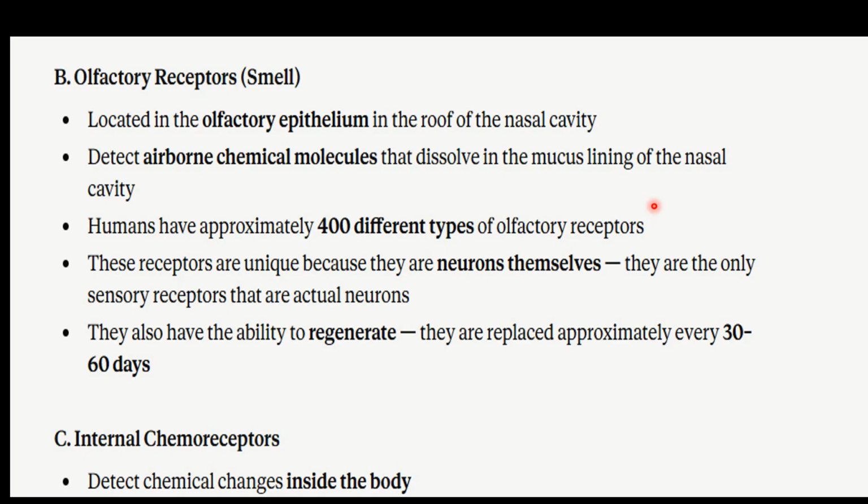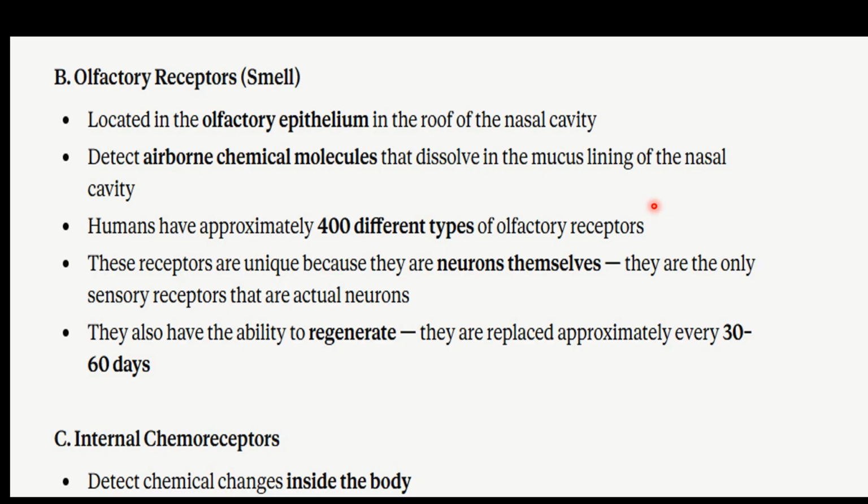This is also a good interview question, because they might ask you which receptor in the human body is a neuron itself. So you can simply say that olfactory or smell receptors are unique because they are neurons themselves, and they are the only sensory receptors that are actually neurons.